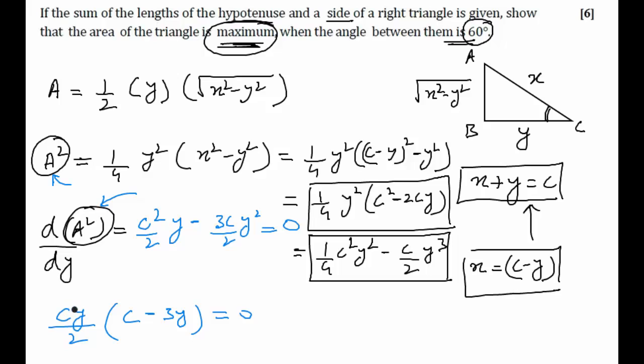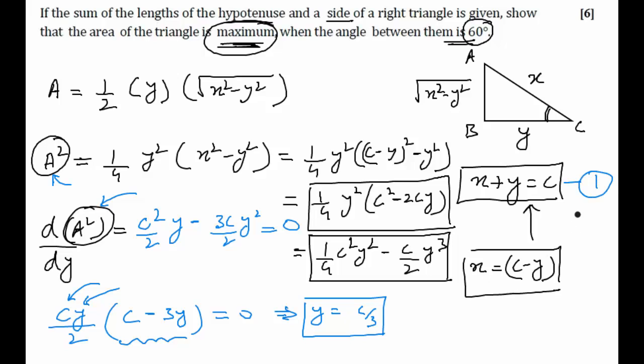Now I very confidently know that c cannot be equal to 0, as well as y should not be equal to 0, which means that the second bracket should become equal to 0, which gives me the value of y. Now y in terms of c can be written as c by 3. If y is equal to c by 3, and we have the original equation x plus y is equal to c, then automatically x becomes equal to 2c by 3, right?